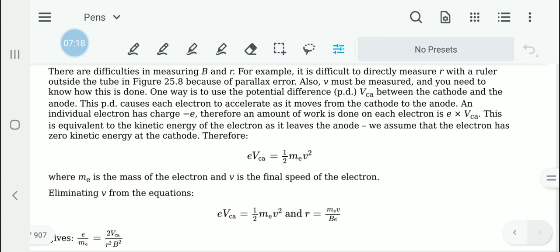One way is to use the PD between cathode and anode, VCA, which causes each electron to accelerate towards the anode.